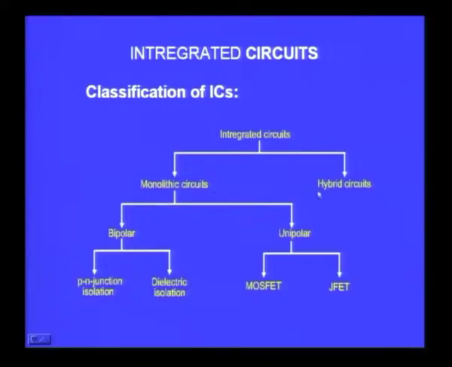You also have hybrid circuits, where you have some integrated components together with some discrete components forming a circuit. For example, making inductances is very difficult in an integrated circuit, as I mentioned earlier.